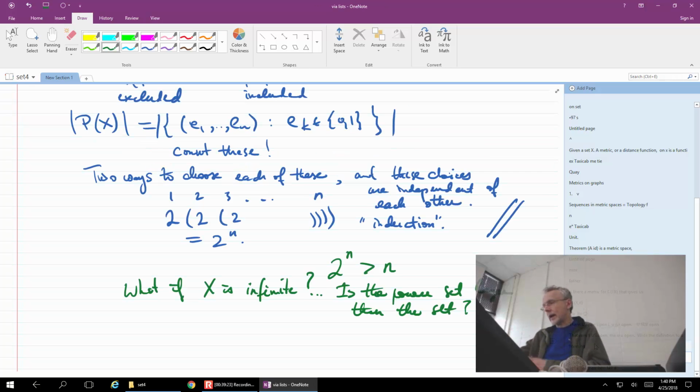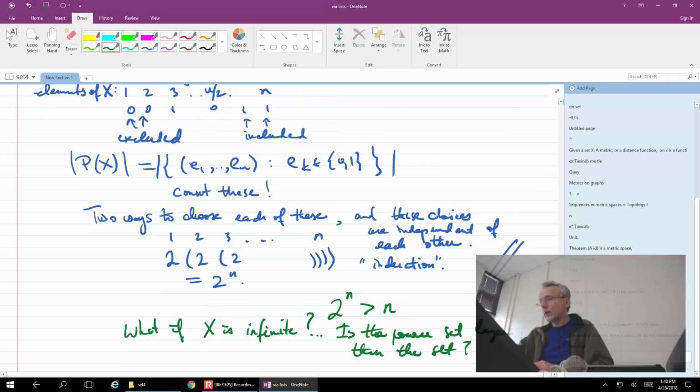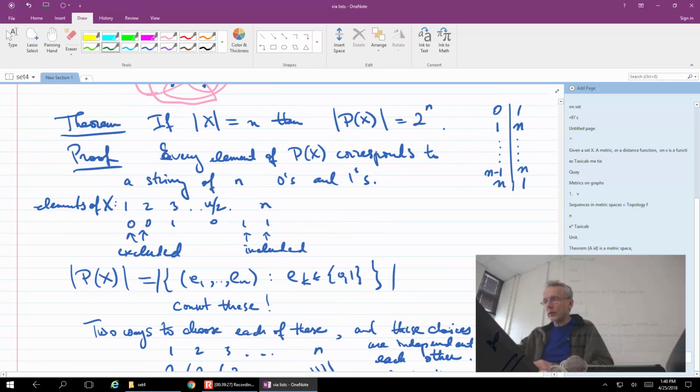So let's go back for a moment and see where those bijections are. Well, here's one. Take the power set of a finite set; this is entirely a discussion about finite sets. We put it in correspondence, a bijection, with strings of n zeros and ones.